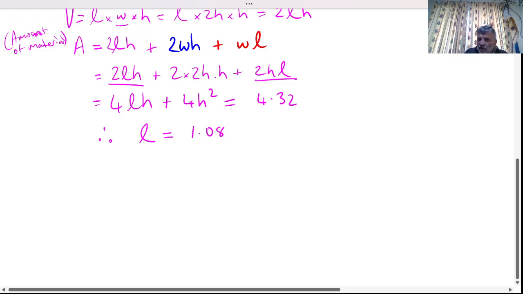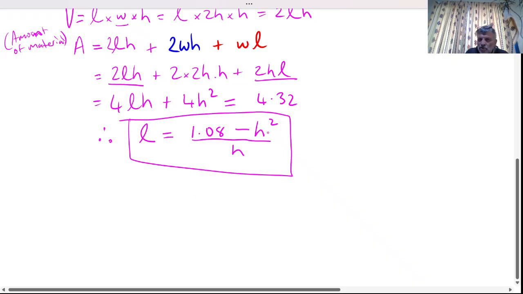Dividing this by 4 will be just h squared. Shift that over the other side, minus h squared. We've divided by the 4, so we've got L times h, and then divide everything by h. That will give us a formula for the length in terms of h.